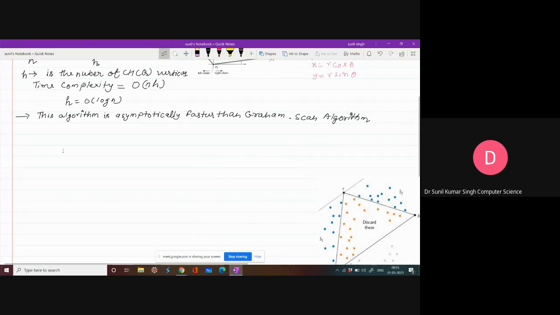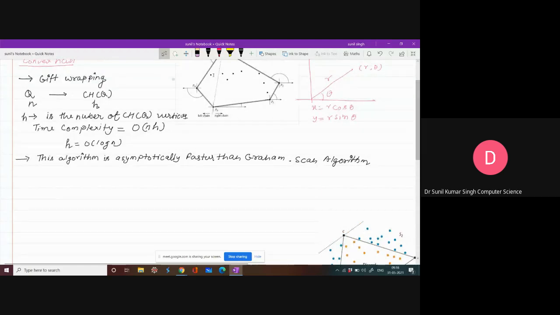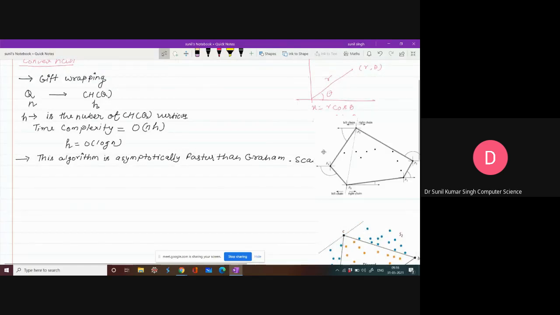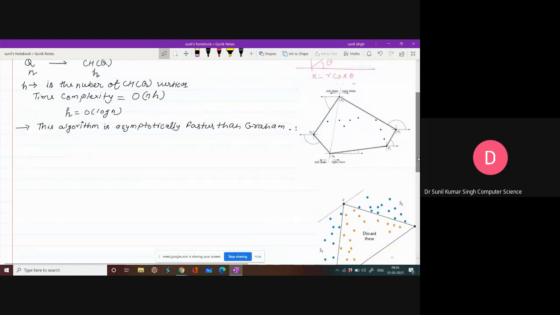Right. So for implementing this algorithm, what do we have to do? Like we did in the Graham-Scan algorithm, here once again we have to select the lowest point.